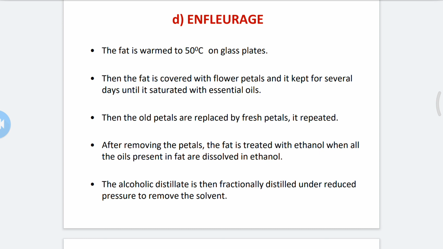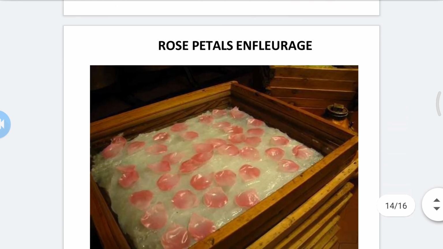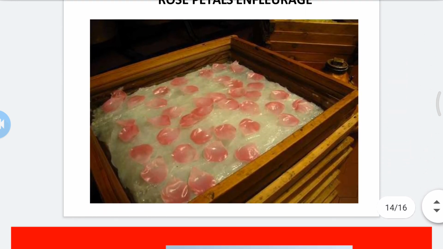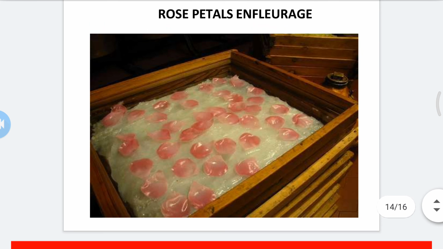After removing the petals, the fat is treated with ethanol and the oil present in the fat dissolves in the ethanol. The ethanol is fractionally distilled under reduced pressure to remove the solvent. This is the enfleurage method, for example rose petals.